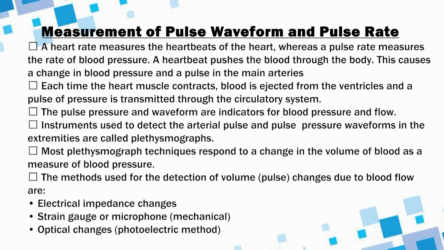Most plethysmograph techniques respond to a change in the volume of blood as a measure of blood pressure. The methods used for the detection of volume or pulse changes due to blood flow are electrical impedance changes, strain gauge or microphone, and optical changes, that is the photoelectric method.